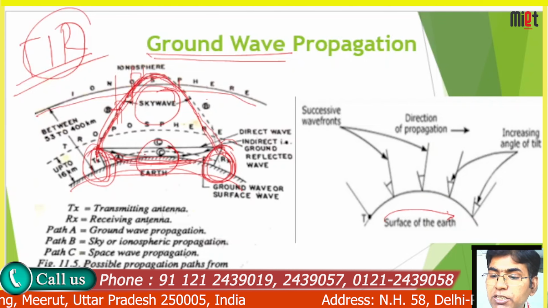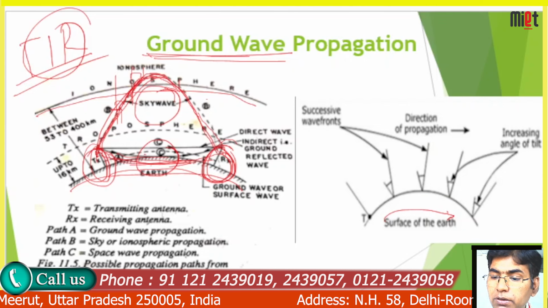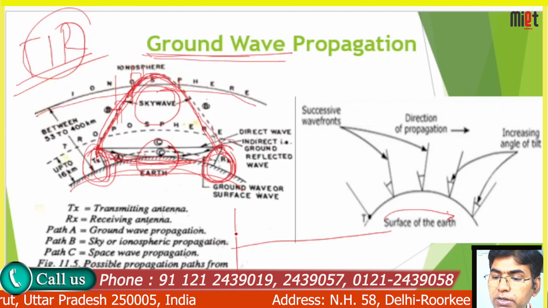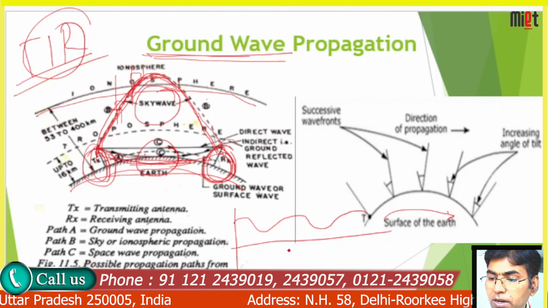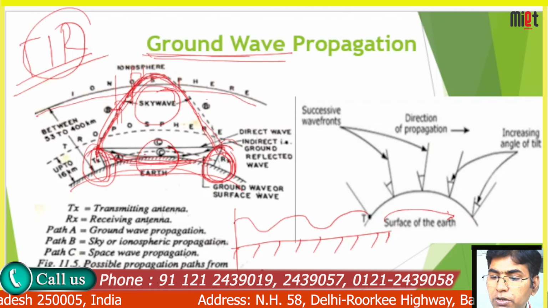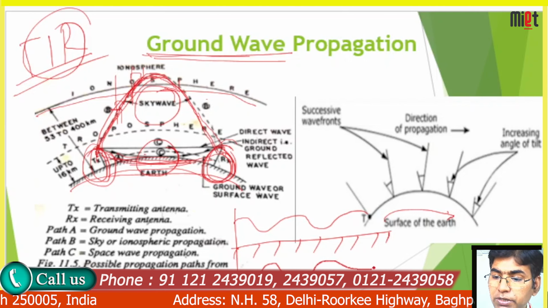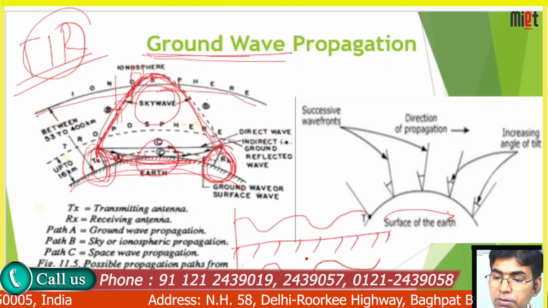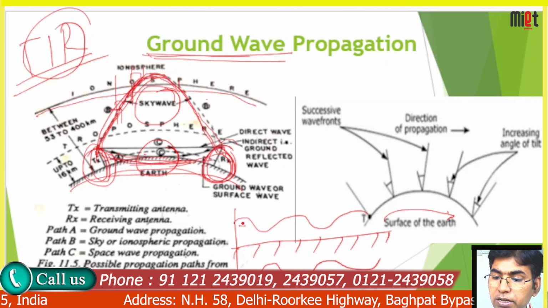Basically, whenever we transmit an electromagnetic wave near the surface of the earth, suppose this is the earth surface, then an equal and opposite wave is induced in the earth surface. Suppose this is positive, this will be negative; this is negative, this will be positive.